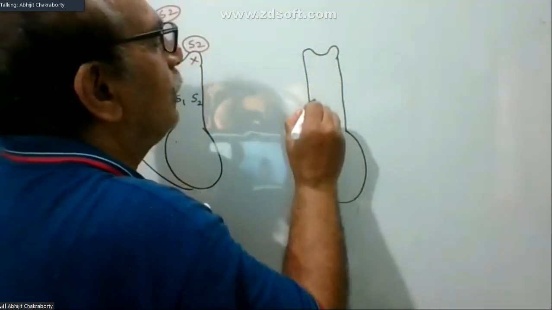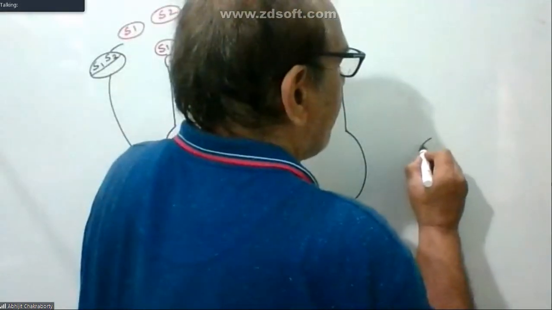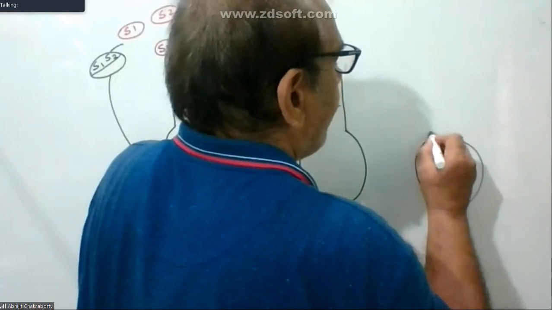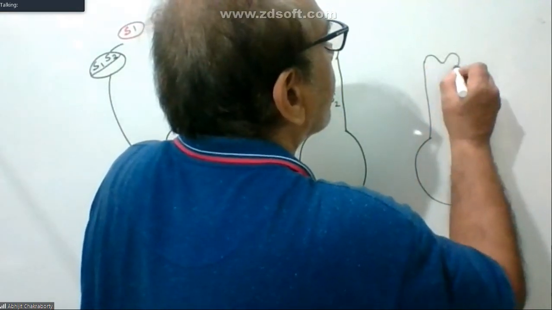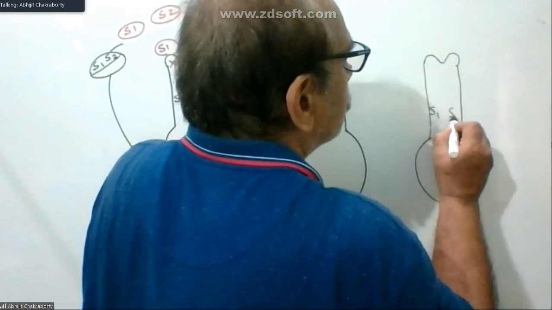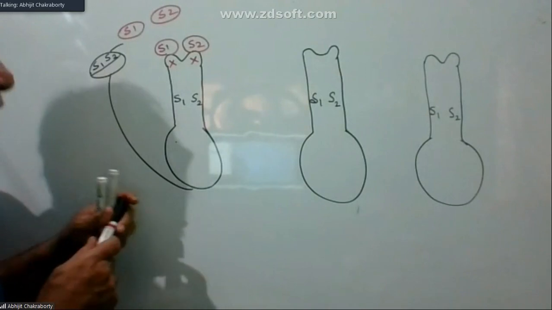Same stigma, suppose S1, S2. Also S1, S2. Now pollen grains from other sources are coming like this.